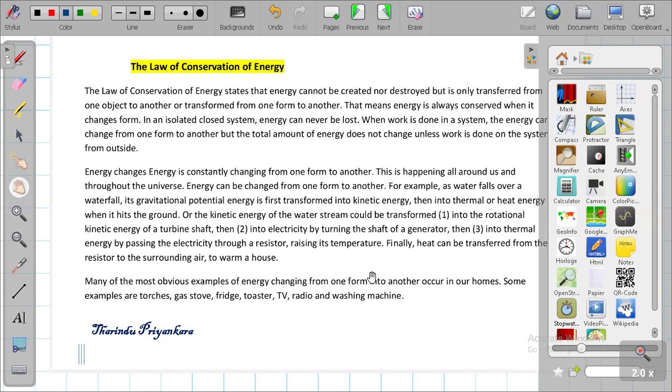You can leave if you want to, or if you have any problem related to last week, like students sending me some questions and asking how to do this, how to do that, this is the time for us to do it.